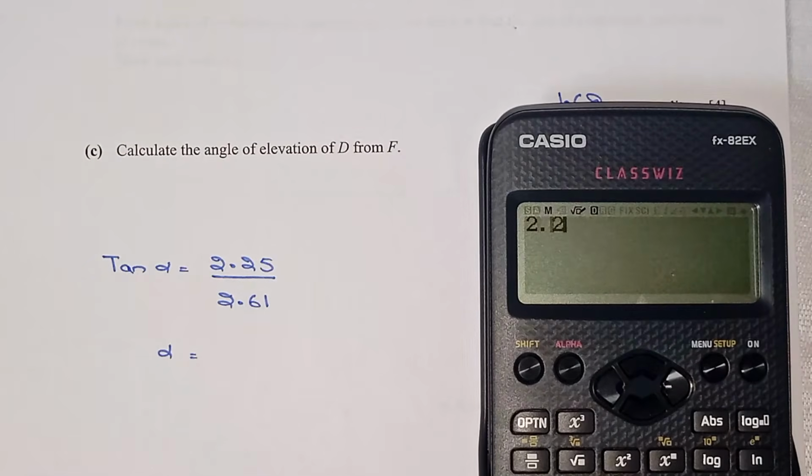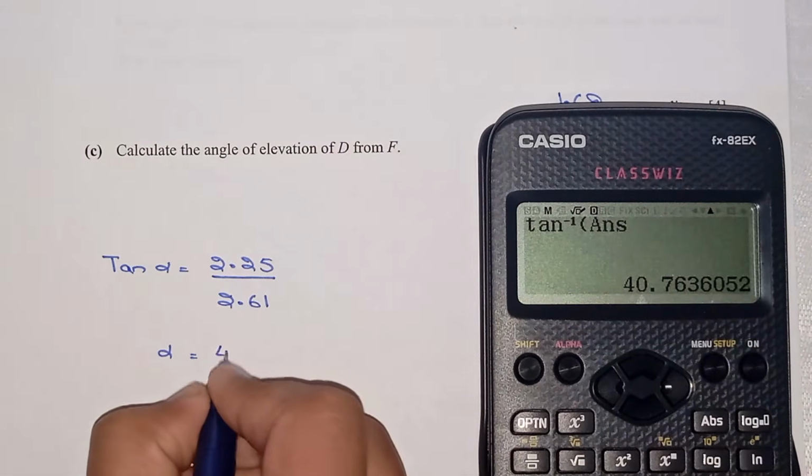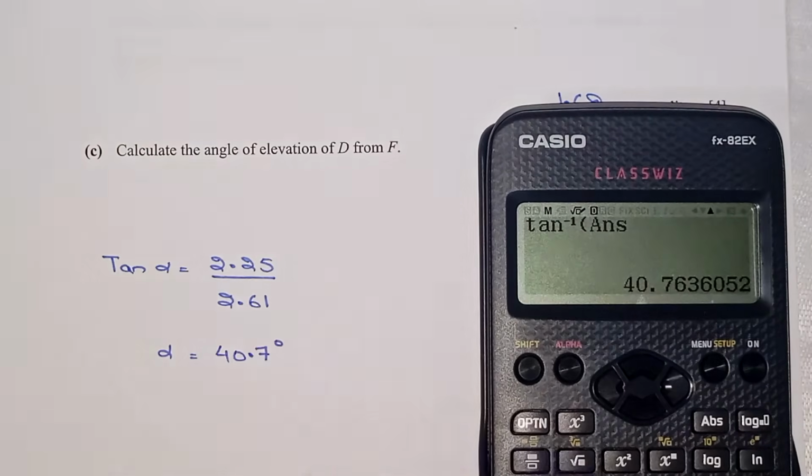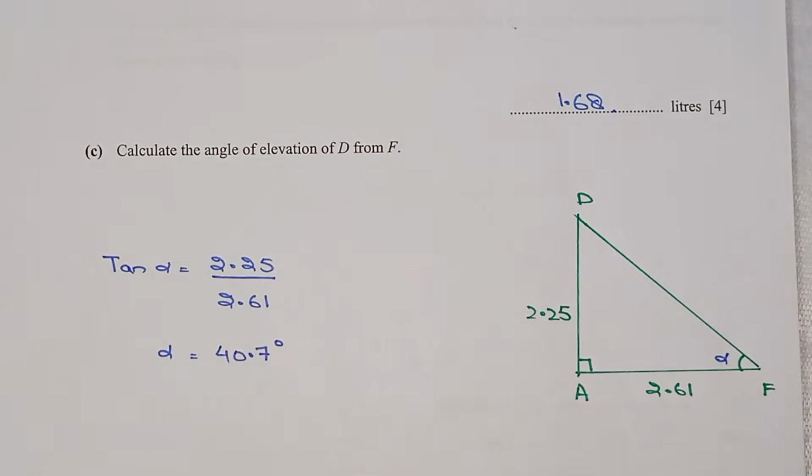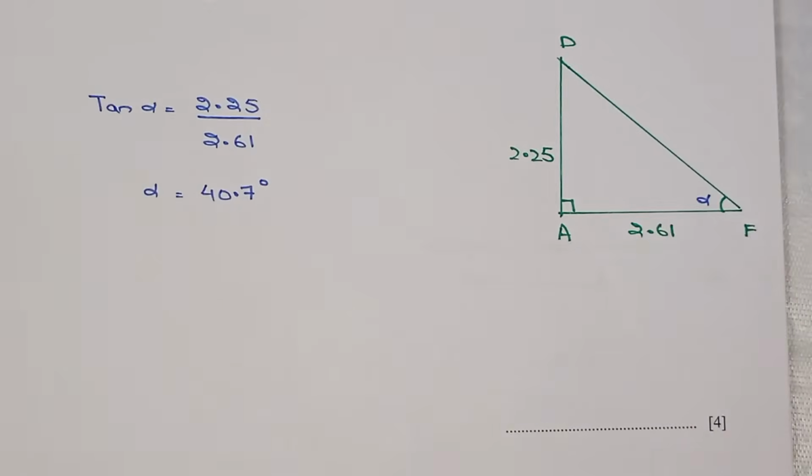So 2.25 divided by 2.61 and doing a tan inverse, this would be 40.7 degrees. So the angle of elevation of D from F would be 40.7 degrees.